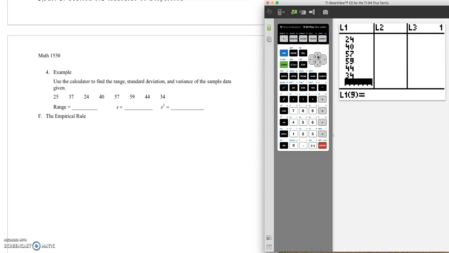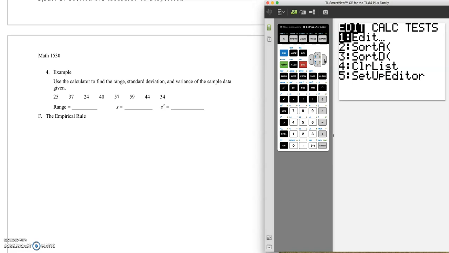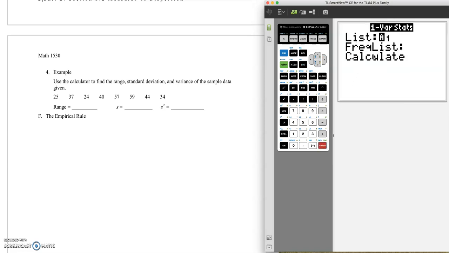So I have 34, 44, 59, 57, 40, 24, 37, and 25. Good, no typos. So I use second and mode to get out of my list. And now I'm going to go to stat, over to calc, and pick my one var stats.